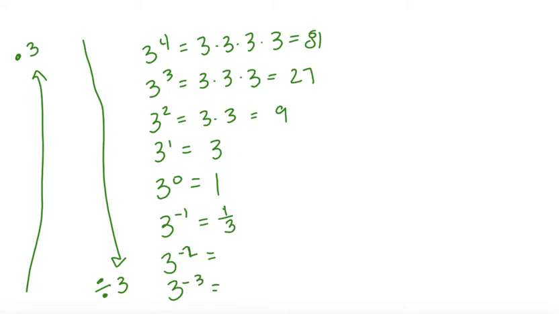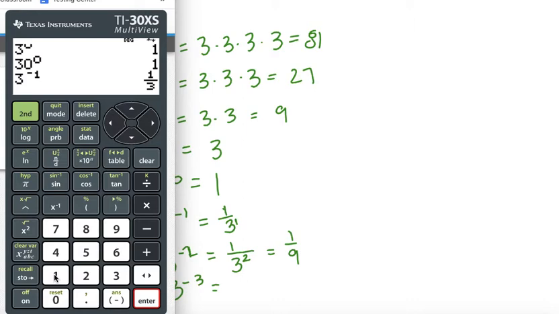I'm going to take 1 divided by 3 and divide it again, so I have two 3's that I'm dividing by, which is now 1 over 9. I'm going to check on my calculator because this is new: 3 to the -2, and see if that's our 1/9.